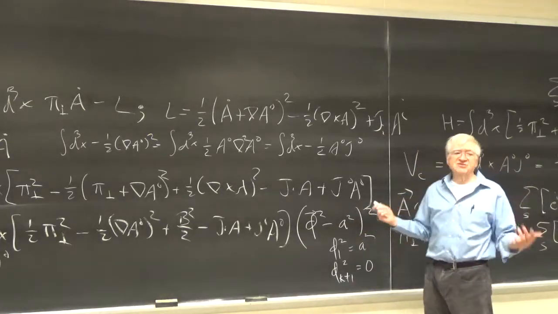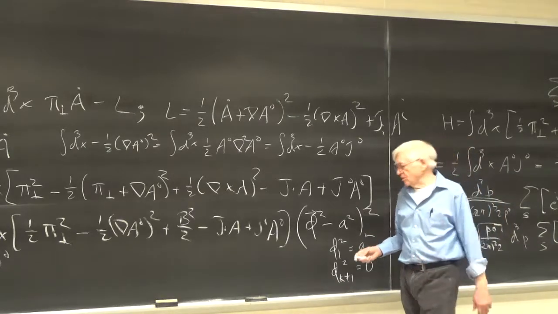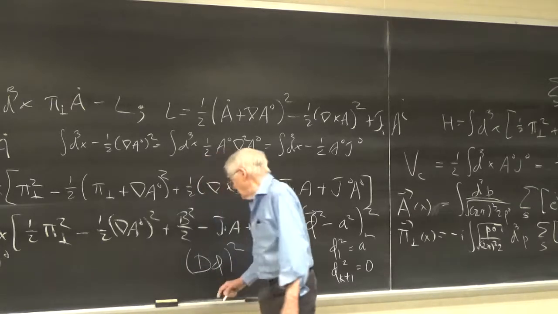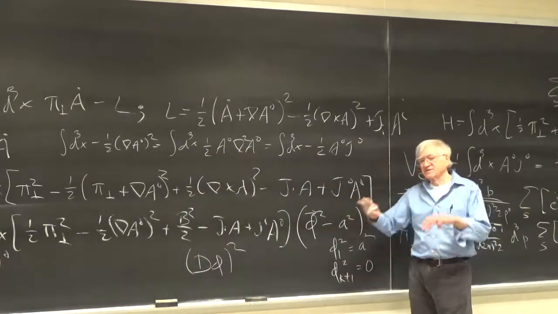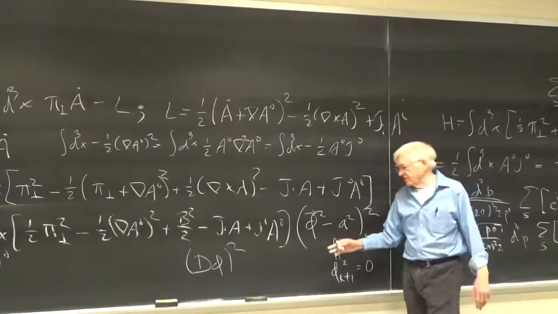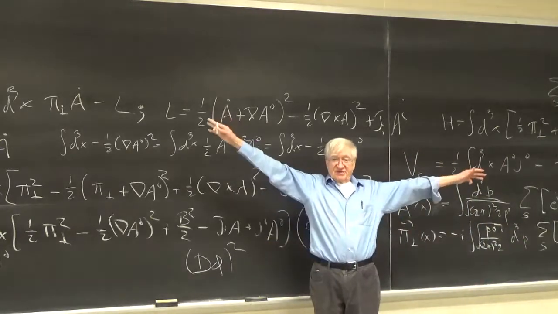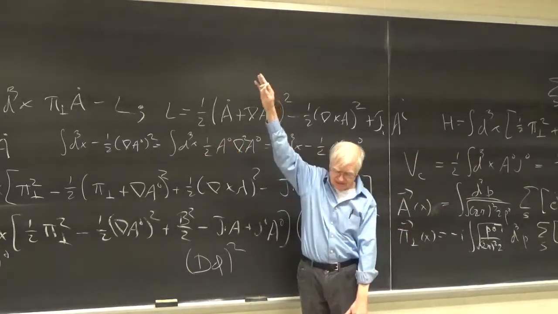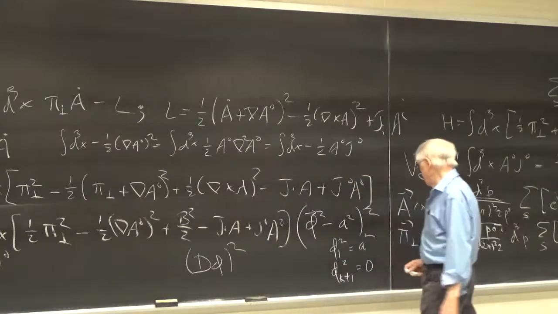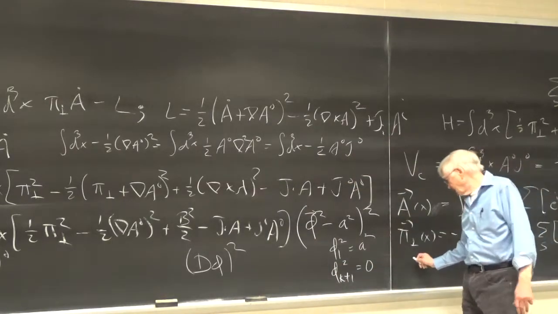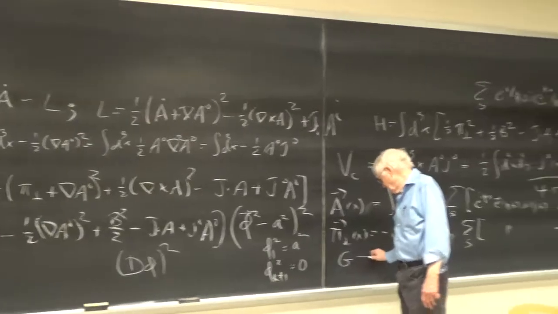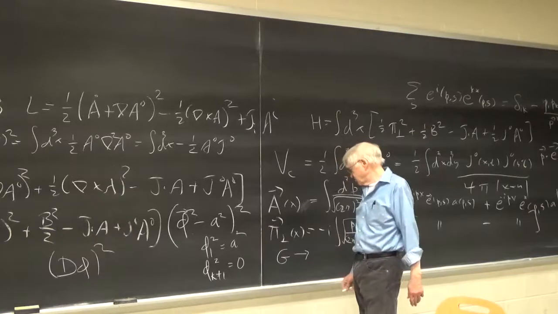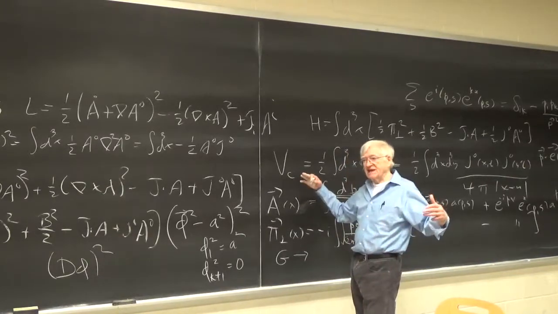On the other hand, you gauge the thing. So your kinetic term then is D phi squared. And now the gauge field cancels the ordinary derivative of phi as you go out to infinity. That means your gauge field has a certain behavior as you go out to infinity. So now what you've got is a map from the group, which is the set of gauge transformations, into space at infinity.